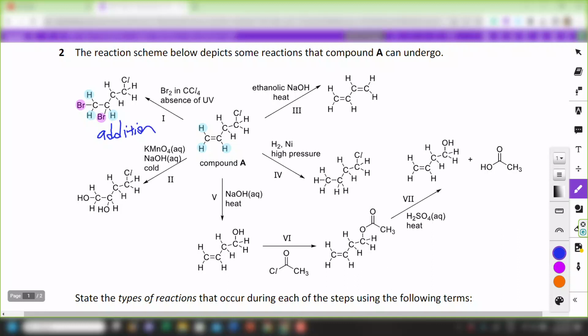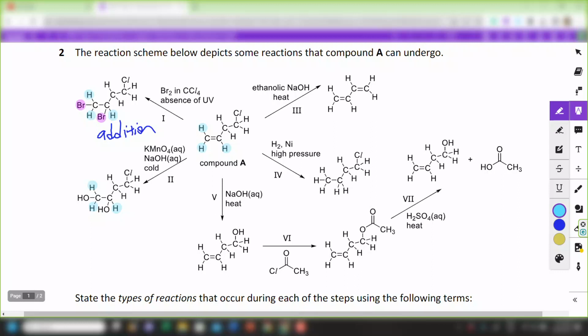If you look at reaction 2, I'm also going to highlight the H's here. The H's remain intact as well. What happens here is that it seems the OH is being added across the double bond. Of course, the mechanism doesn't happen that way.